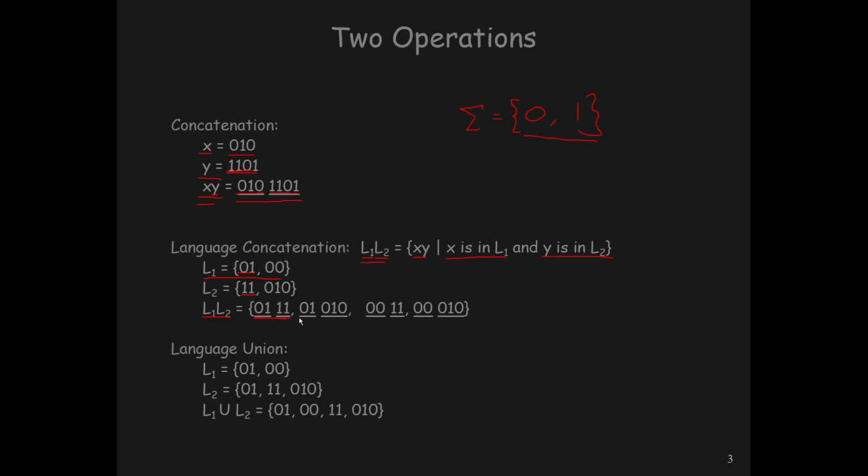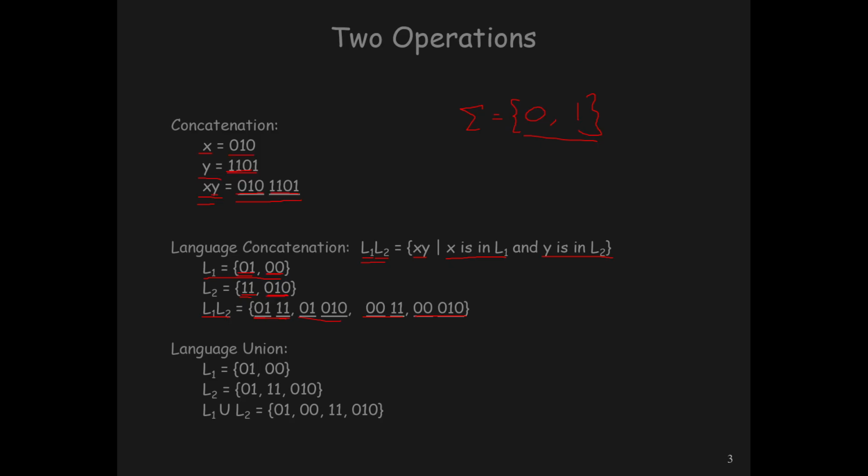The next string is 0, 1, 0, 1, 0, which you got from 0, 1 and 0, 1, 0. The next string is 0, 0, 1, 1, which is 0, 0 concatenated with 1, 1. And the last string is 0, 0, 0, 1, 0, which is 0, 0 with 0, 1, 0, right? So that's the concatenation of languages.